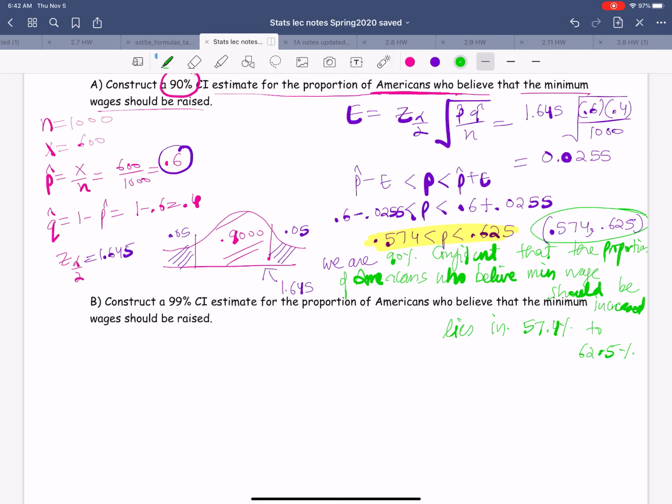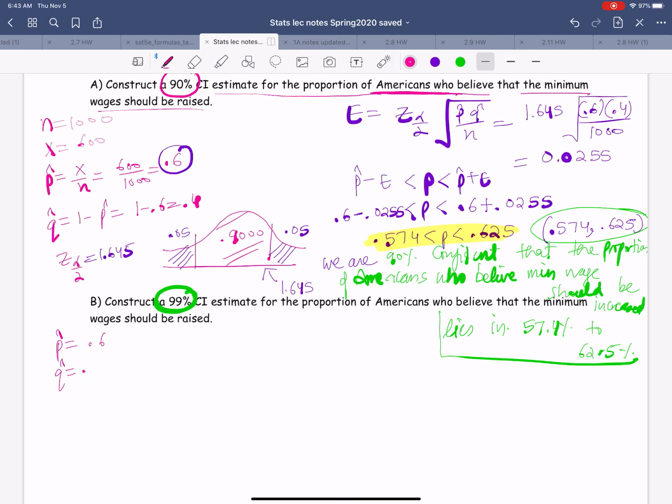All right. Another example: construct a 99% confidence interval for the proportion of Americans who believe the minimum wage should be raised. Now, again, it's very similar to the last one. It's part B of that problem. The only thing that's different is your confidence level. So nothing else changes. Your p hat is still 0.6.